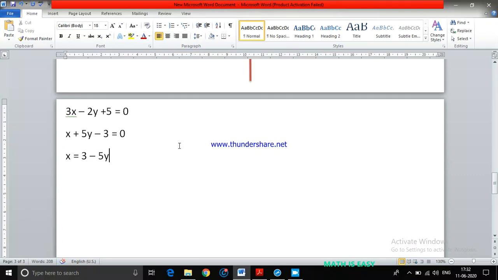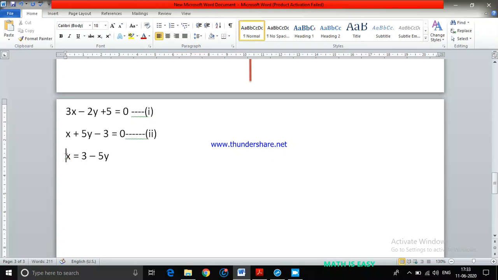Minus 3 goes to this side as plus 3, plus 5y goes to the right side of the equality as minus 5y. If you want, you can call this equation 1, and this equation number 2.